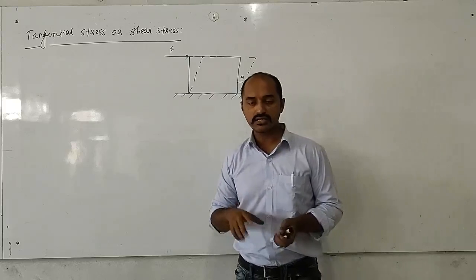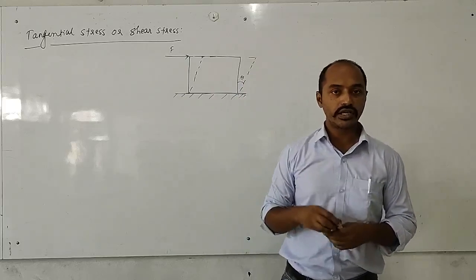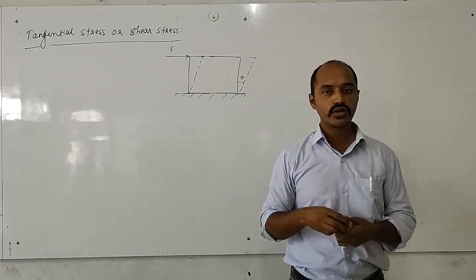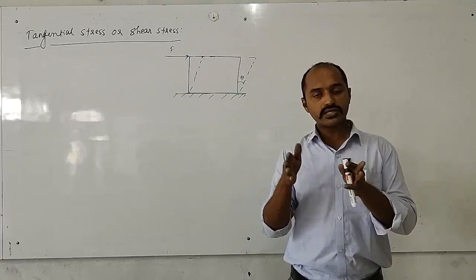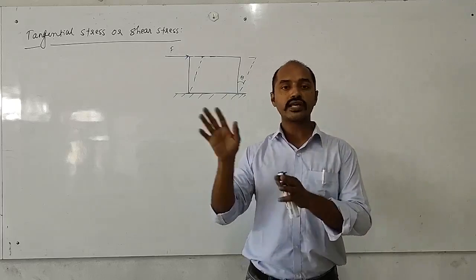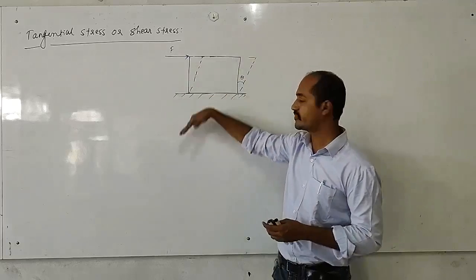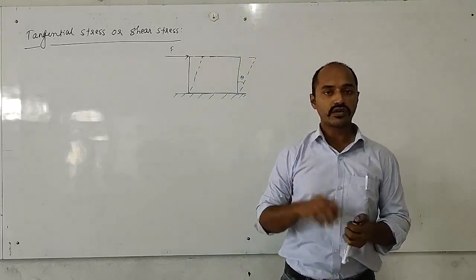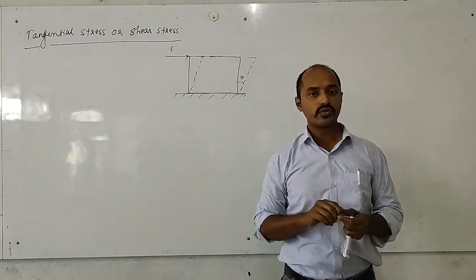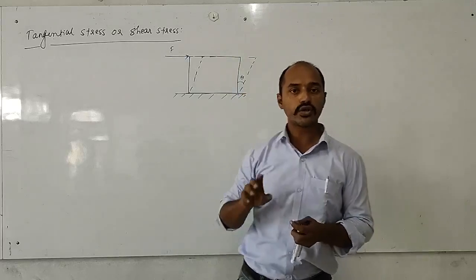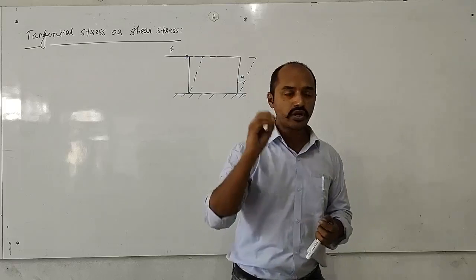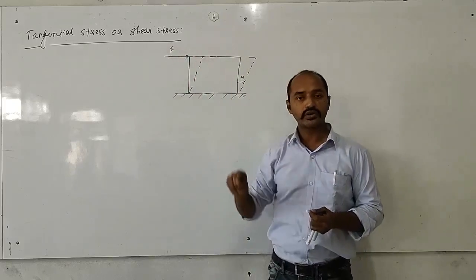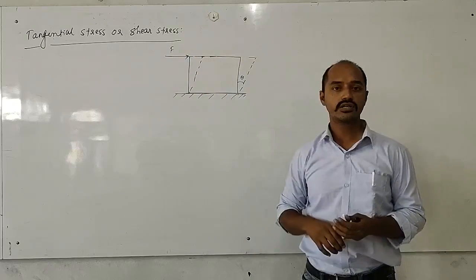So tangential stress is the stress induced because of tangential force. What is the tangential force? When the force is applied along the tangent of the free surface of the body. It is a free surface and this is fixed.